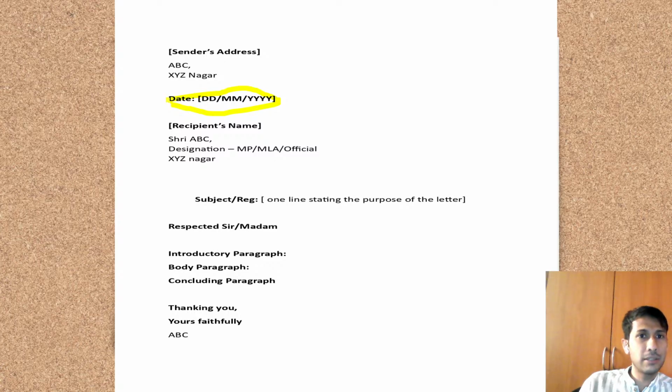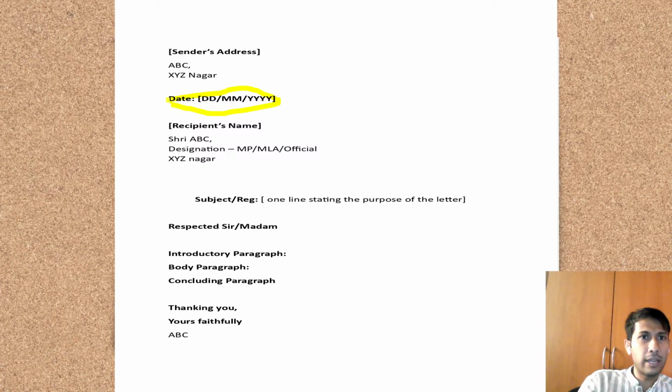Then comes the recipient's name. If you are writing to an MP, MLA or any official like a newspaper editor, you write Shri ABC and give the designation, let's say Member of Parliament. Don't write the short form MP or Member of Legislative Assembly.